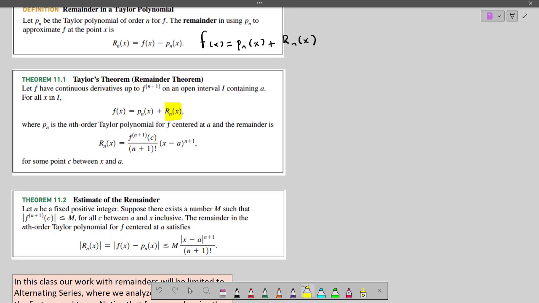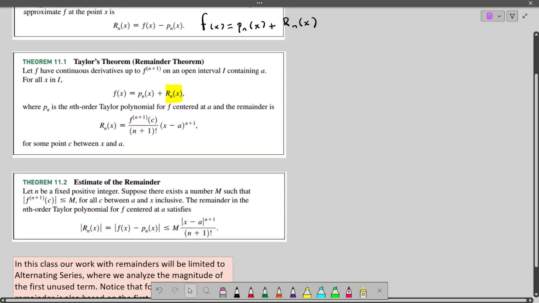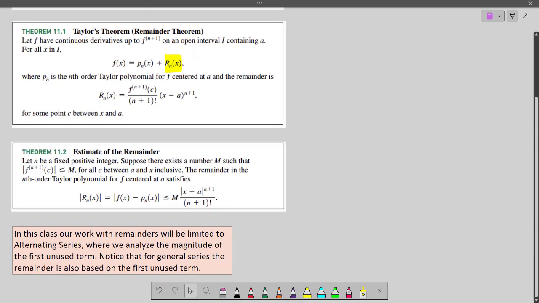In the last chapter, the only one that we really looked at carefully was the alternating series remainder. And here is part of the reason. When you have a general function, you build its Taylor polynomial, here is what the remainder looks like. It looks just like the first unused term, like in the alternating series.